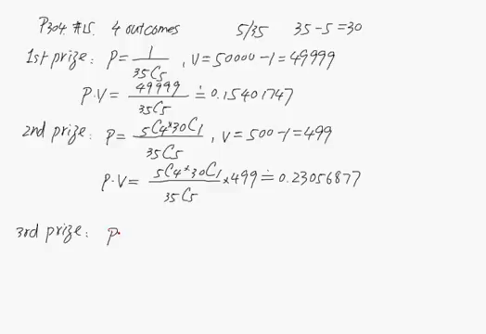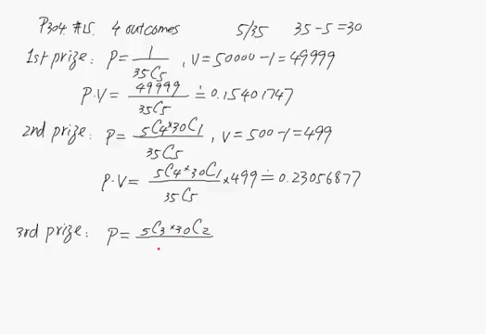So the probability of winning the third prize, we know we need to select 3 winning numbers out of the 5 winning numbers, right? So the first part for the winning number part is the 5C3. And we need to select the other 2 non-winning numbers out of the 30 non-winning numbers, right? So this guy is equal to 30C2.